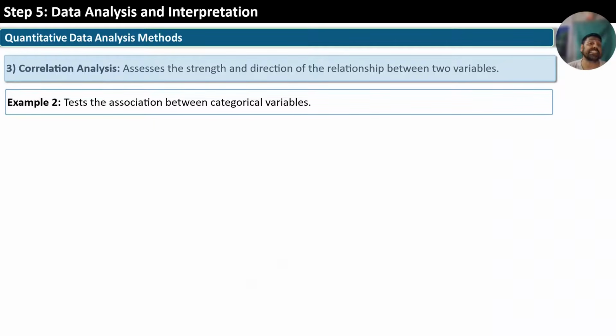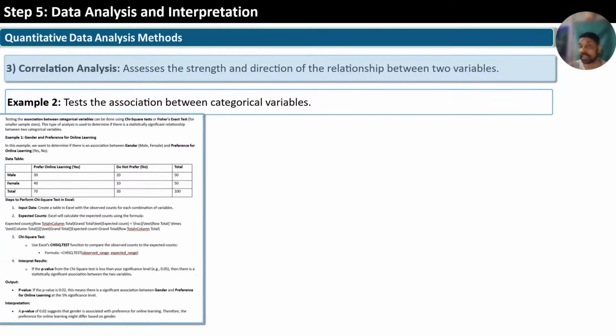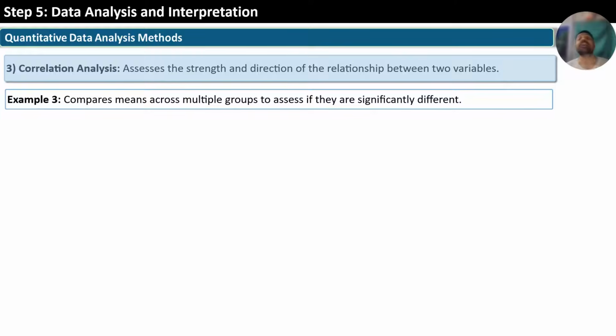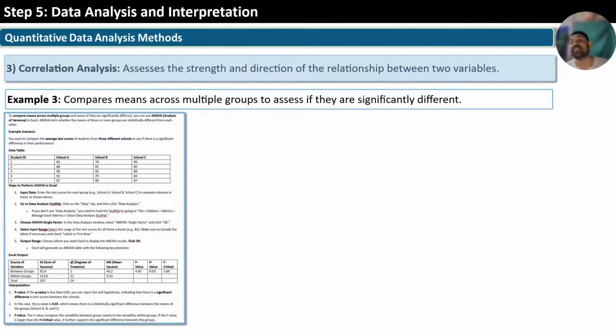Similarly, chi-square tests the association between categorical variables. ANOVA compares means across multiple groups to assess if they are significantly different or not, like t-test and z-test, etc.